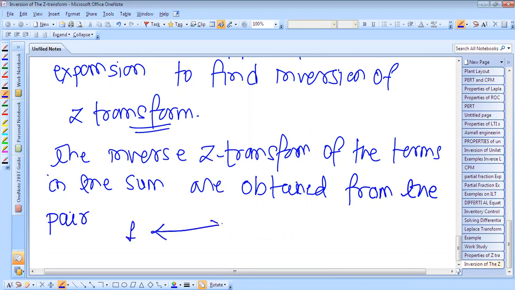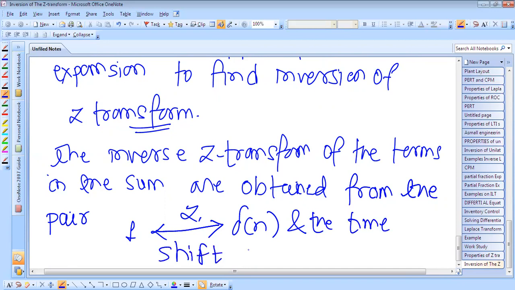Suppose the Z transform is 1, then what is the inverse transform? It is del of n. So the inverse transform of this simple function is del of n, and we also have to use the time shift property.